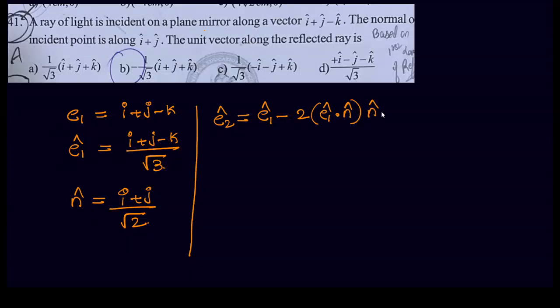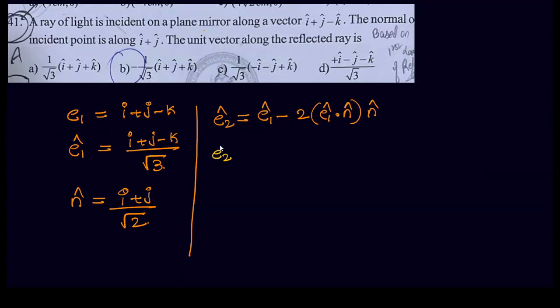Now the formula is E2 cap equals E1 cap minus 2 into E1 cap dot n cap into n cap.